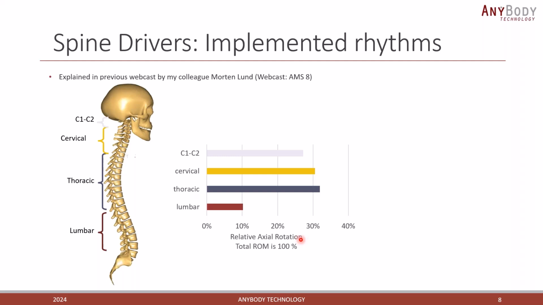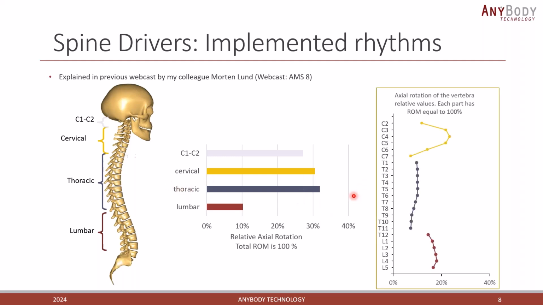Let's say the total range of motion is 100%. From the literature, we know that 10% of the axial rotation happens in the lumbar part, and then 30% in the thoracic part.